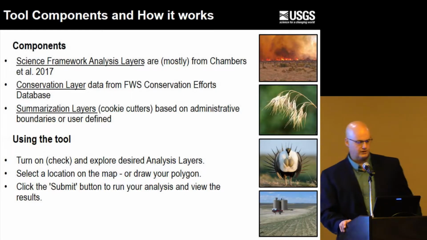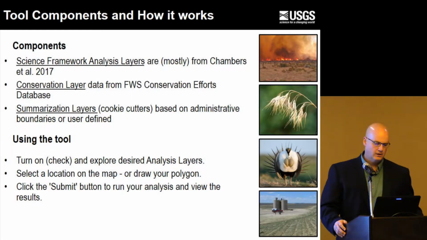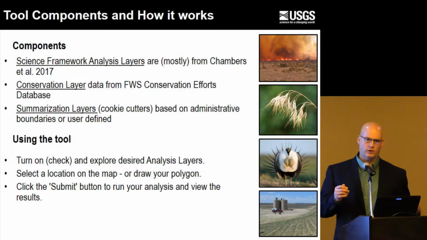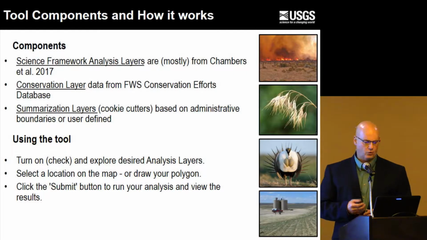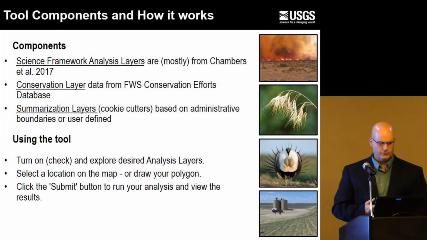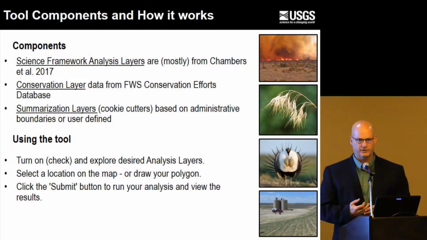The components, we'll talk just a little bit about the tool, how it works. Basically, there are 3 different kinds of layers. We thought, what do you want to know if you're making a decision using some of the science framework? Well, we're calling them the analysis layers. These are the data layers and derived products mostly from Chambers et al. 2017, the document.